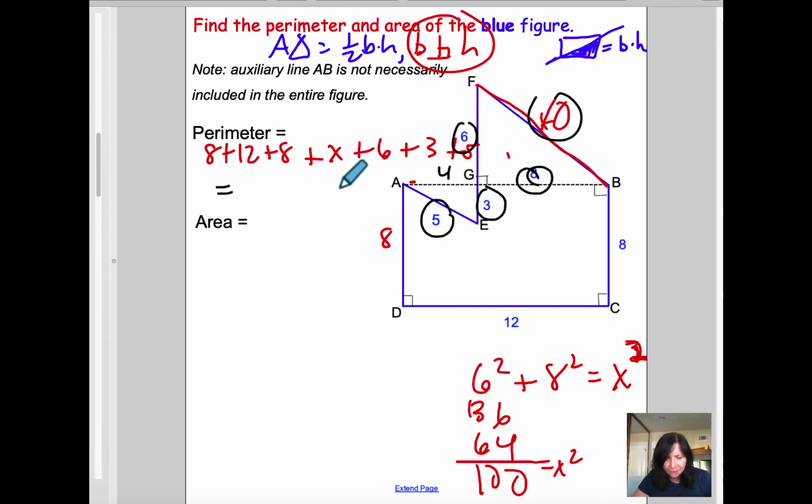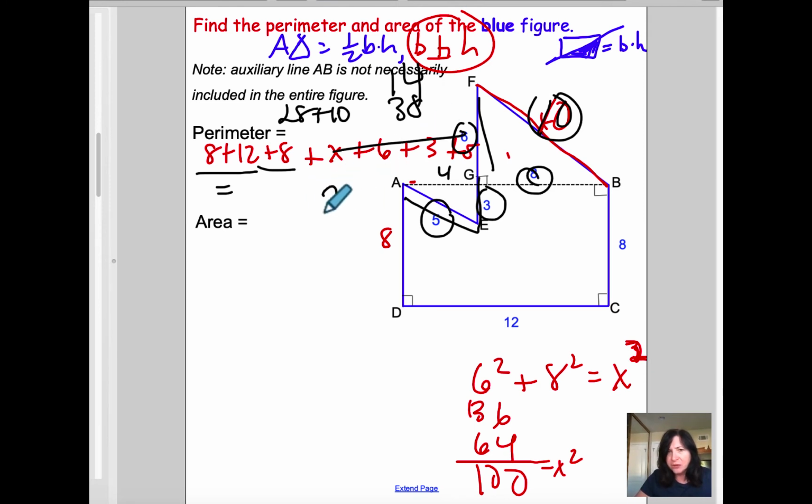What we have is 12 plus 8, 20, plus 8, 28. So we know this is 28, and then I believe this was a 10. So 28 plus 10, that's 38. And we said 6 plus 3, that's 9, plus 5 is 14. So we're adding 38 and 14, and that's going to be 52.